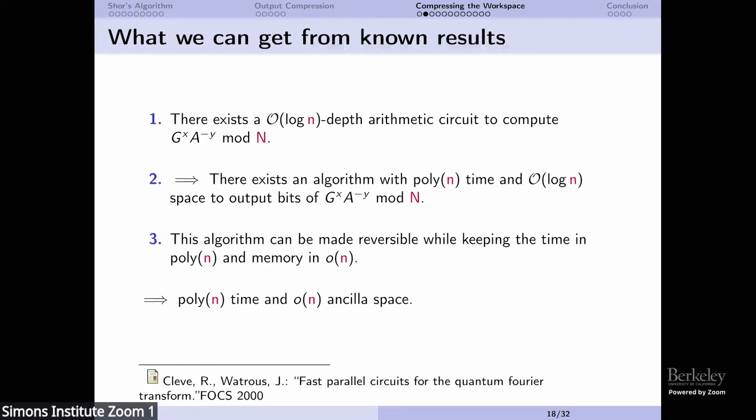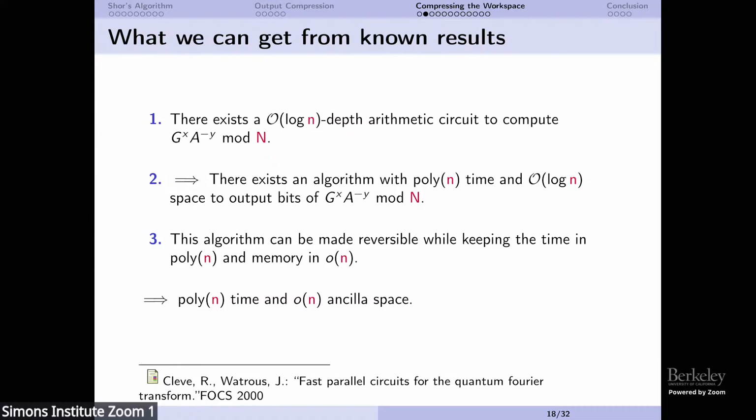The idea is that we know there exists a log n depth arithmetic circuit that will compute the exponentiation, and so also all its bits. If you have such a circuit, you can just do a depth first exploration of it. This immediately gives you an algorithm with polynomial time in n and log n space that computes the bits of the exponentiation.